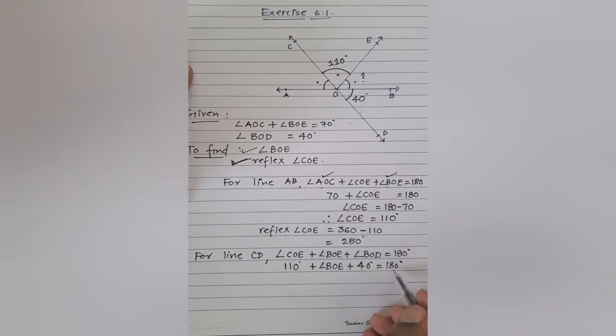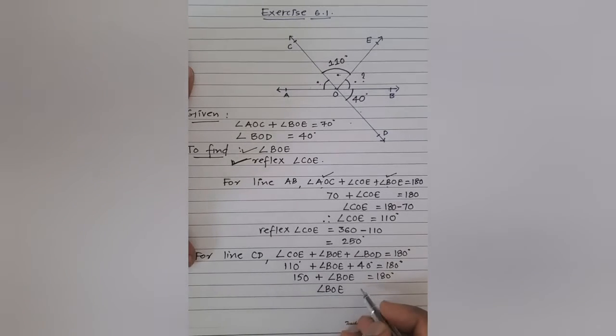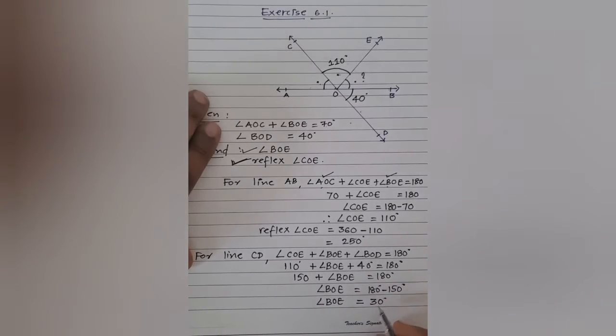The total has to be 180. So 110 plus 40 is 150. So 150 plus angle BOE is equal to 180, and therefore when this 150 goes to the other side, it becomes minus 150. So angle BOE will be equal to 30 degrees.